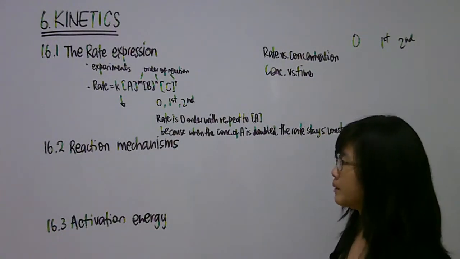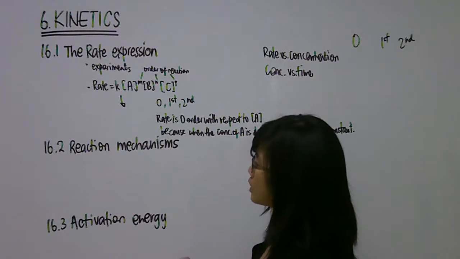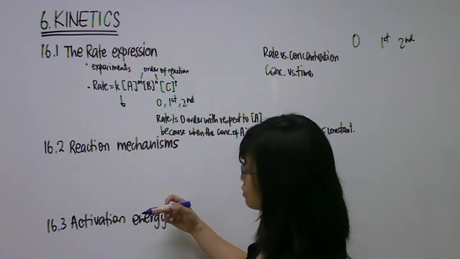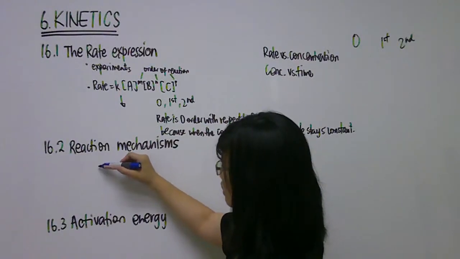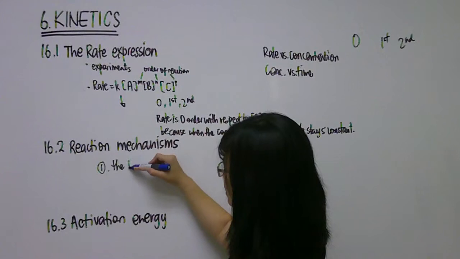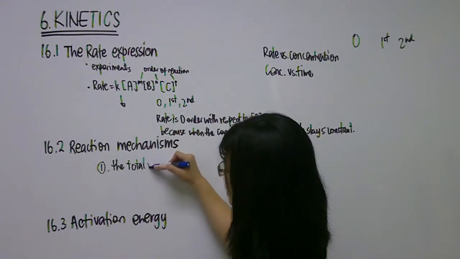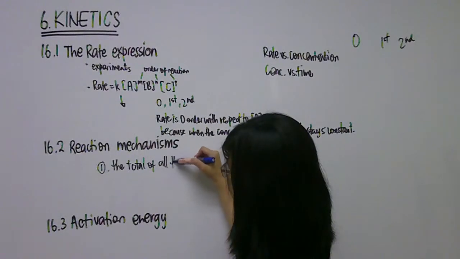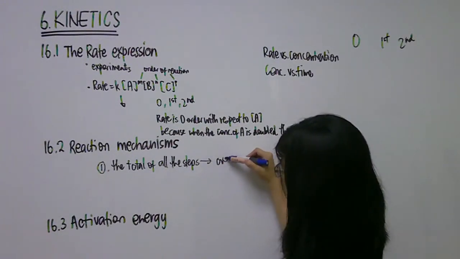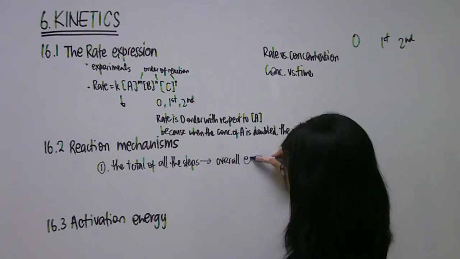They need to come up with it themselves, but usually we say that they must follow 3 rules. Okay, one is the total of all the steps must give you the overall equation. Overall equation, okay?